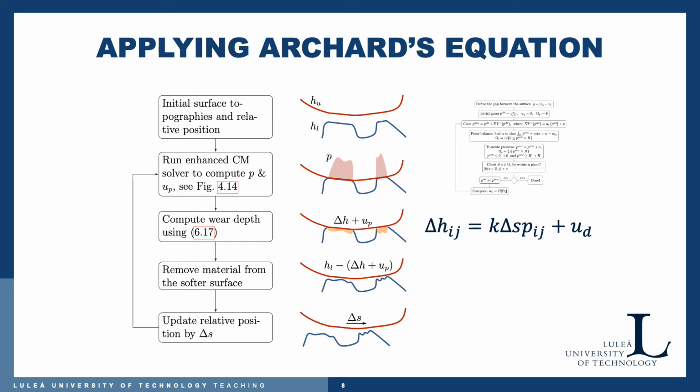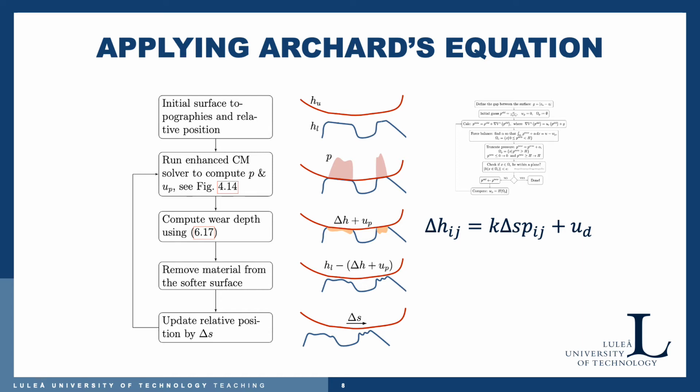Then we compute the wear depth using the equation we have on the right here, Archard's wear equation in terms of wear depth. And then we remove material from the substrate of the softer surface due to both the wear rate type of wear, the Archard type of wear, and the plastic deformation.